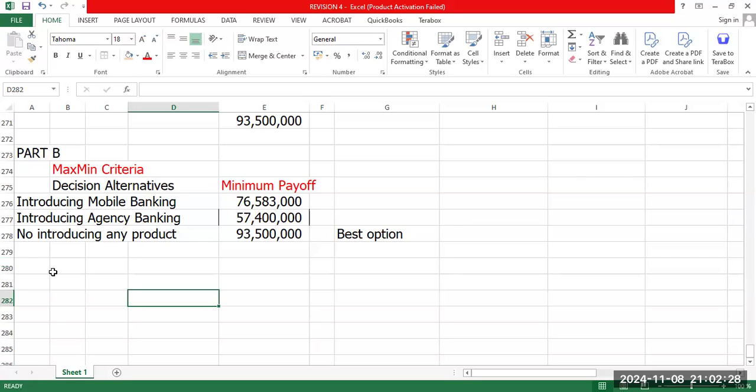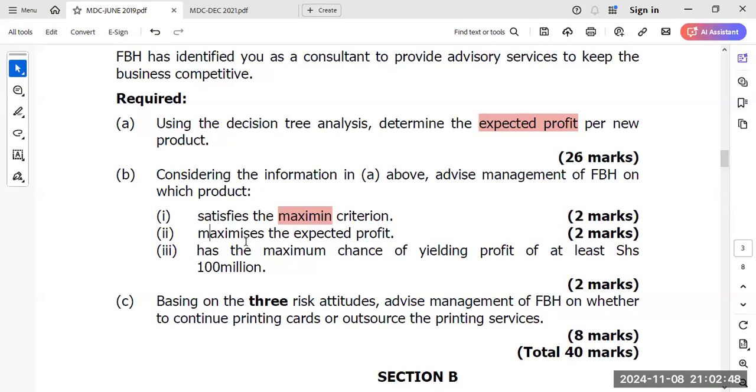So the decision maker should not invest, that is Roman 1. Roman 2, they are telling us we do what? Which product maximizes profit?